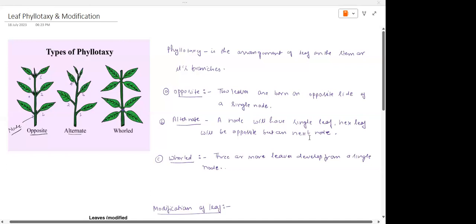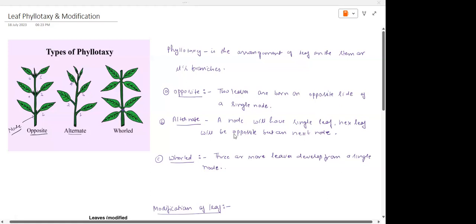Here you can see the phyllotaxy, that is the arrangement of leaf on the petiole or on the stem. There may be opposite, alternate, and whorl. Opposite, you can see this is the opposite arrangement. The leaves are borne on the opposite sides of a single node, right?